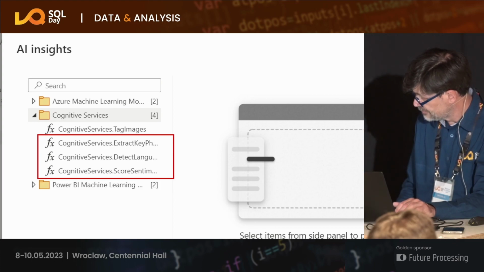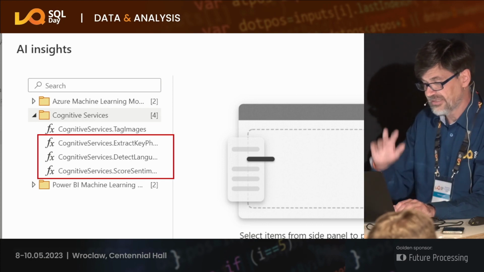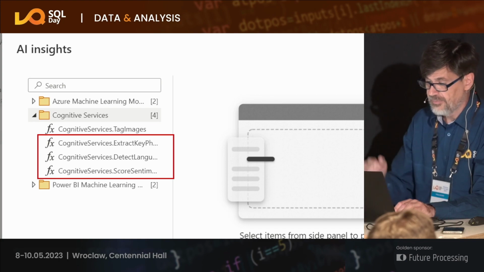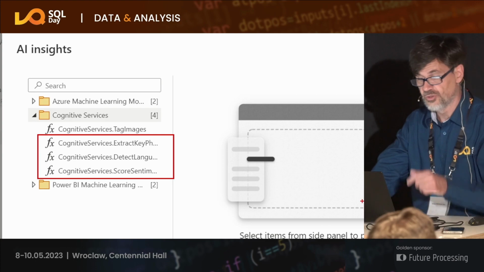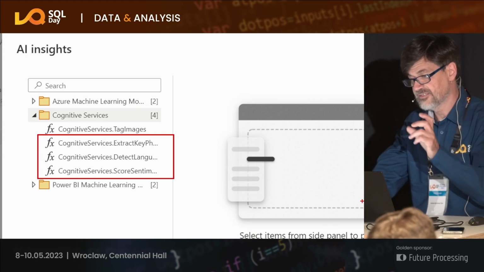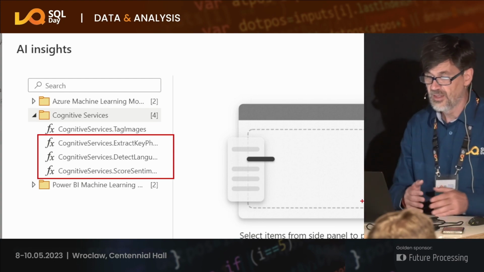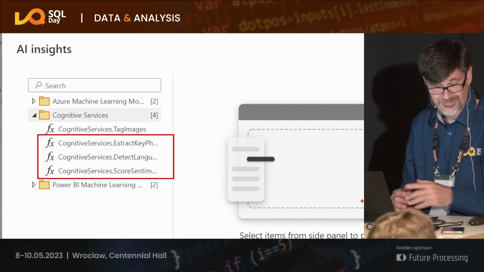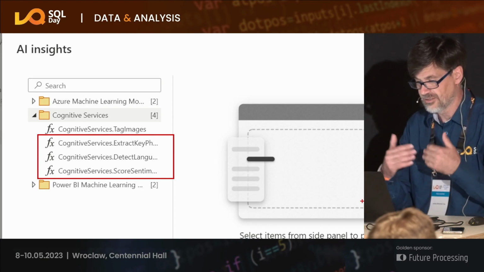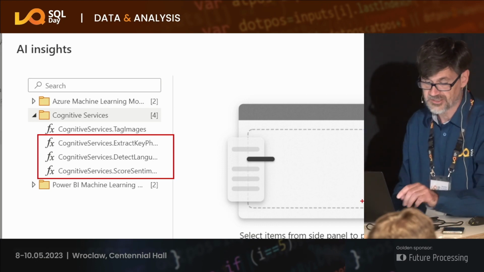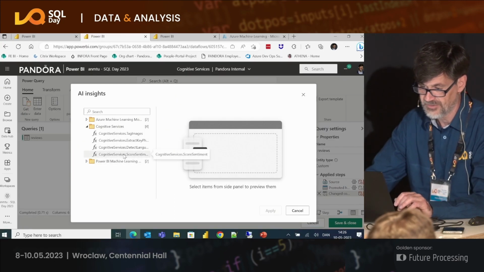We will scan our text three times. First, sentiment analysis, so you get an assessment of whether your feedback is positive or negative. Then language detection, to find which language the comment was written in, and you can also extract key phrases. Let's start with the sentiment score.